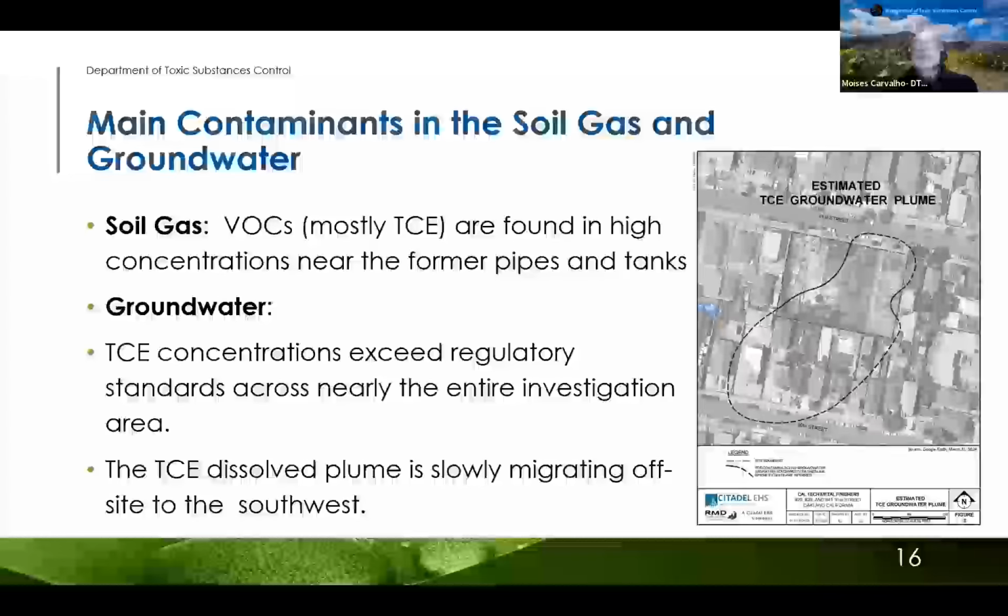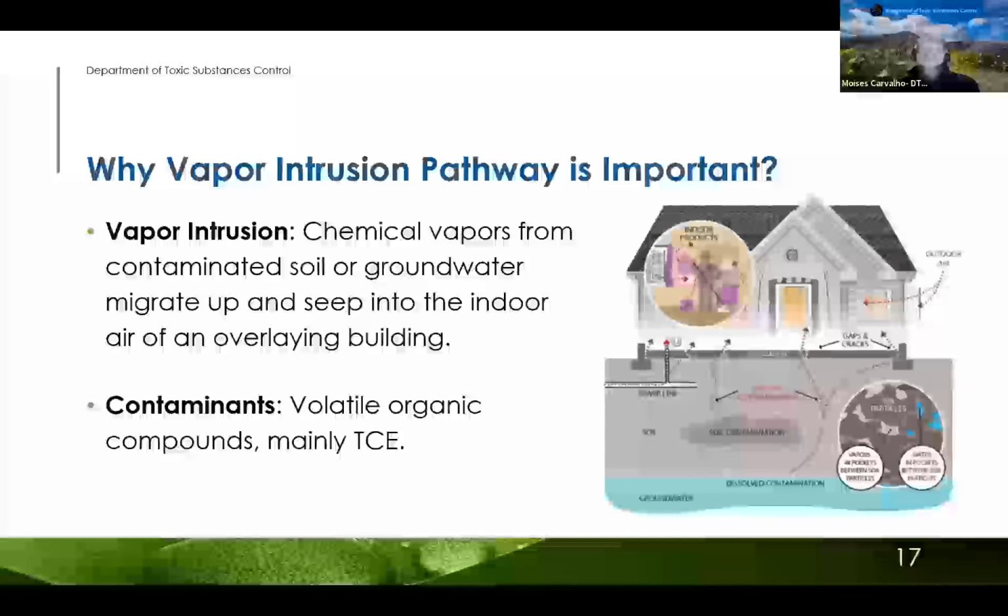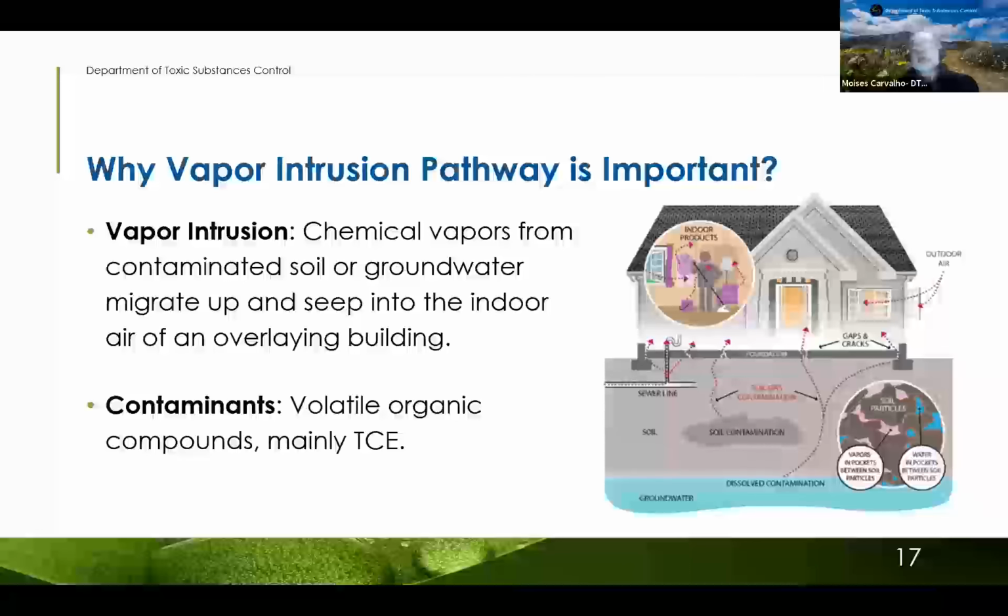Next slide. This slide shows the vapor intrusion pathway. On the last slide, I indicated that we found VOCs, especially TCE, in the soil gas and groundwater. These lead directly to one of the most important pathways we evaluate, which is called vapor intrusion.